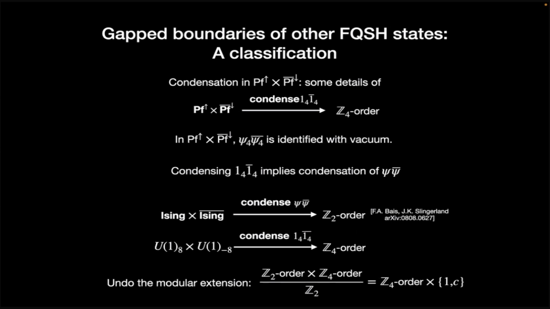Okay, so here are some details of the second lemma: if you condense 1,4,1,4 bar, you end up with the Z4 order.